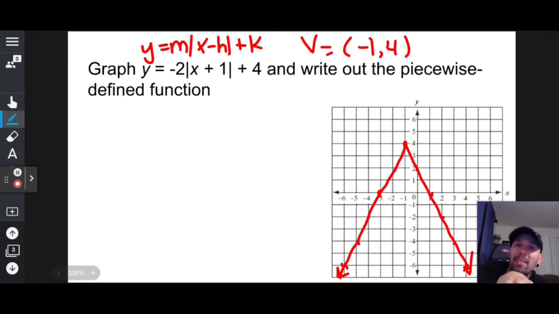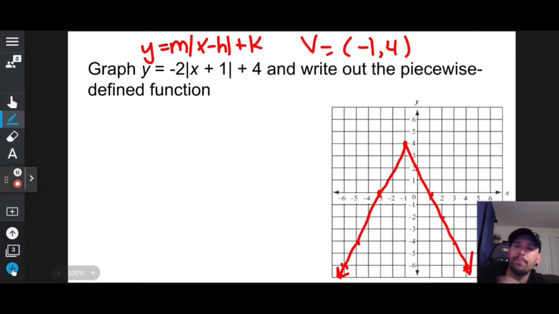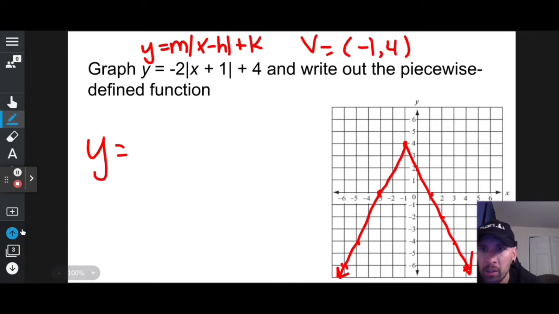And I have to make that look like that. Easy. I'm using y, not f of x, because I'm given y. y equals a big brace looking thing here.